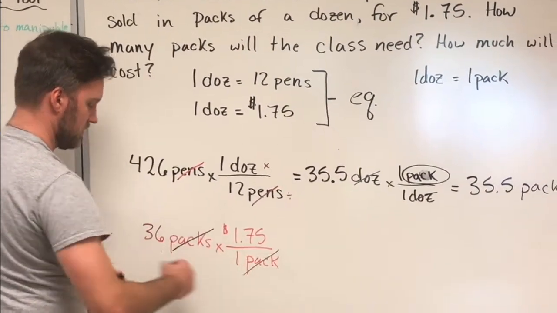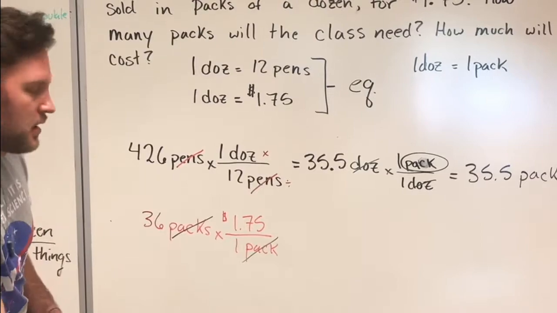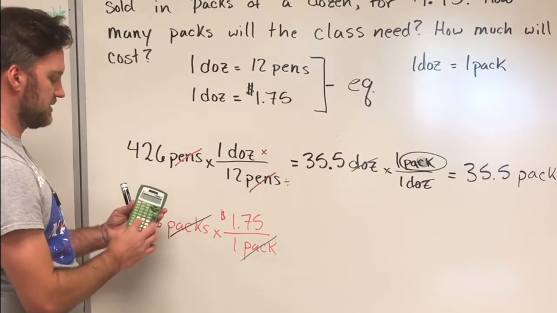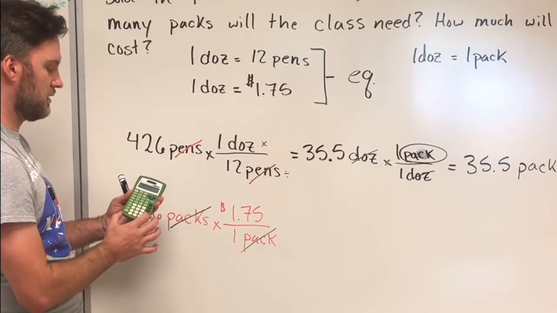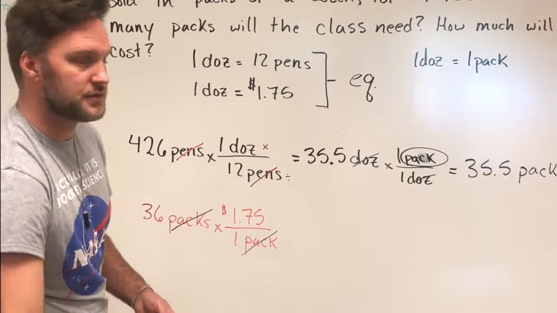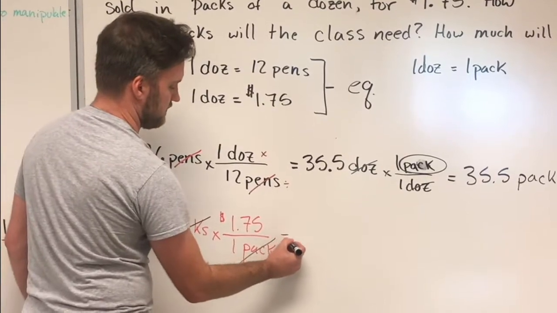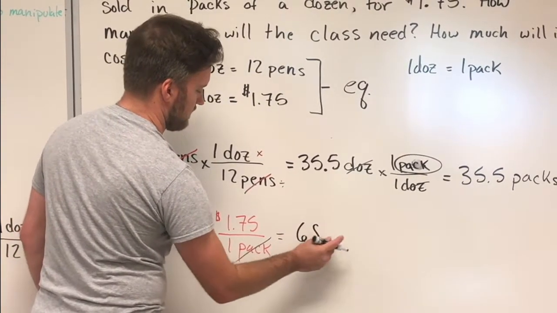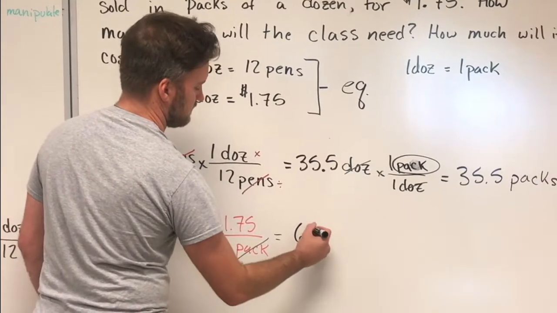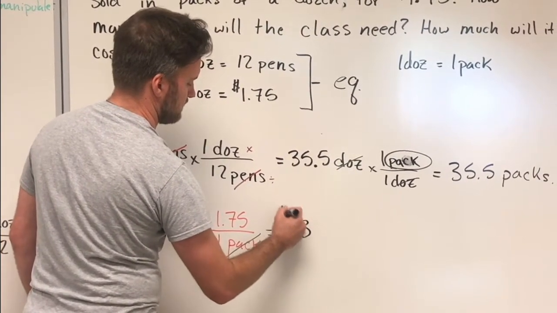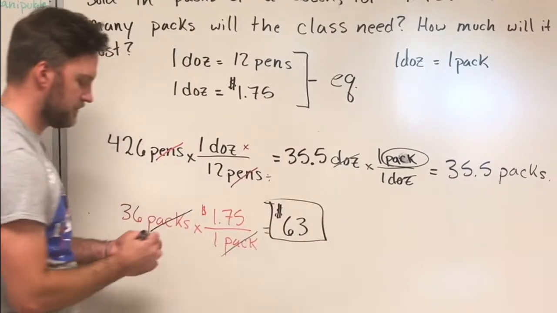This cancels. In the calculator now, I'm going to take 36 times 1.75, and I get $63, even. I boxed my final answer.